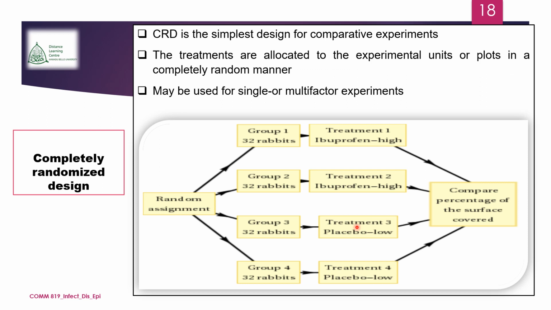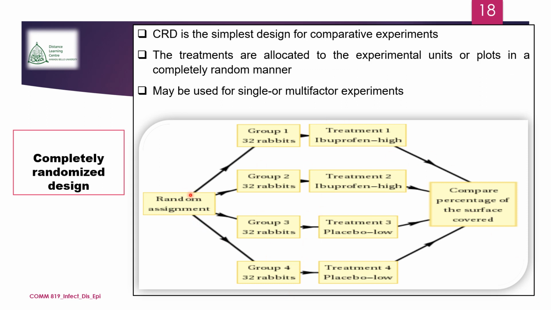Maybe the same substance but devoid of the active ingredient, maybe a normal saline. So it's a form of treatment. So you now compare the percentage surface covered by this. Okay, so this is a simple CRD.